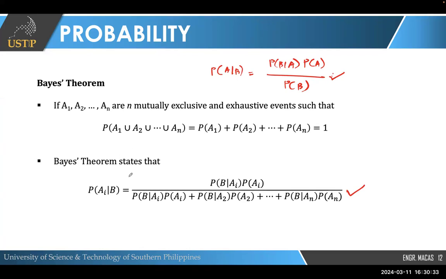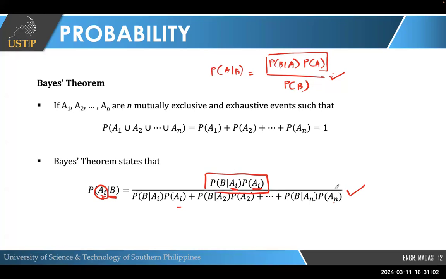Because we consider many A's. That is when you have, again, many categories of events, different events, but they are just in one category. Okay? So the probability of A sub 1 given B is, the numerator, class, will not change. Look: the probability of B given A sub 1 multiplied by the probability of A sub 1.